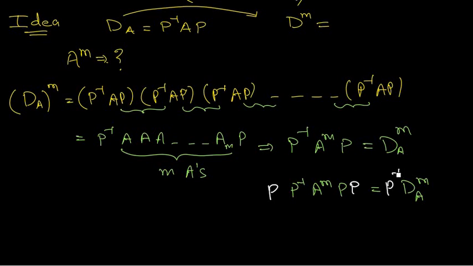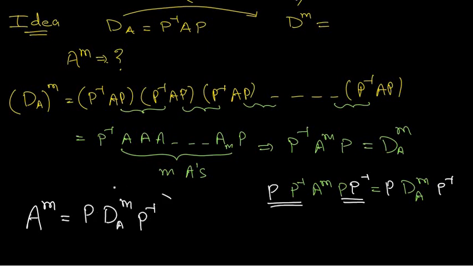So you can multiply P from the left and P inverse from the right hand side. So you will get this equation. This will again be identity, this will again be identity. Then you are left with A raised to power m is equal to P dA raised to power m P inverse. So you know it is a very complicated process, but that is the only way.